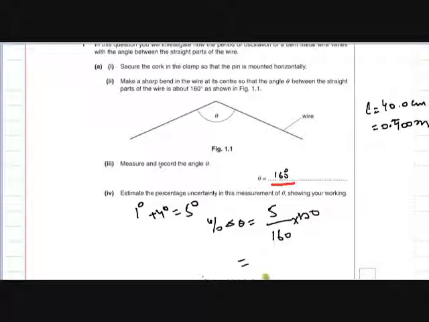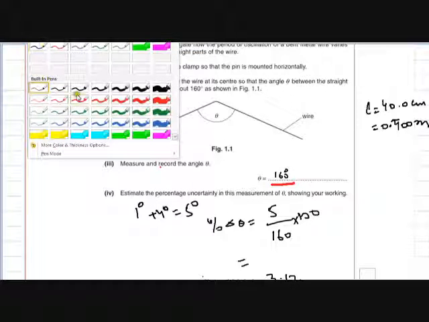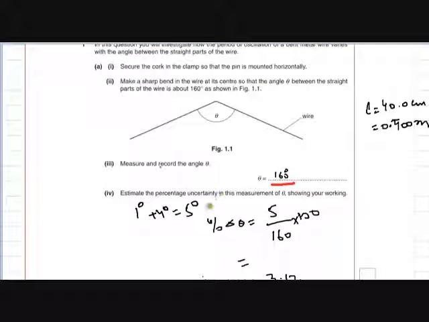I'll write it here, 3.1 percent. So percentage uncertainty is this one. Now what the examiner will see is only that you have taken the proper uncertainty or not. Check this one, this must be 5 degree, and this is 5 divided by your reading multiplied by 100, and then he will give you this mark.